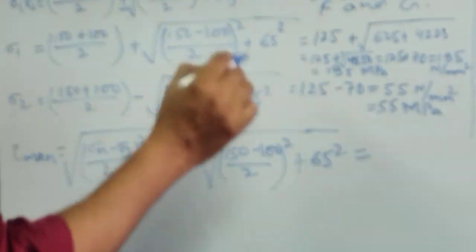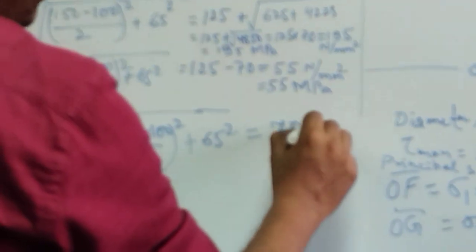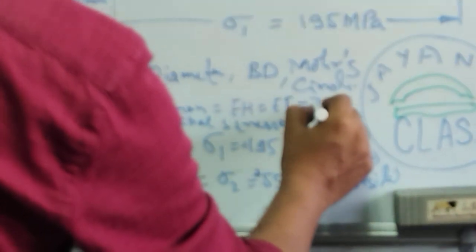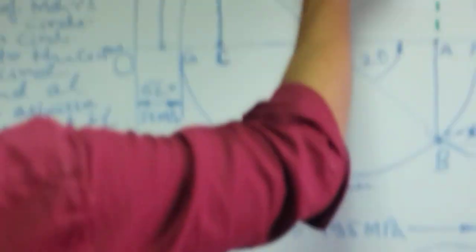After calculation, we got the same root value, 70 megapascal. Therefore, tau maximum, which is EI, equals 70 MPa, at the extreme position along the ordinate axis of the circumference of the circle.